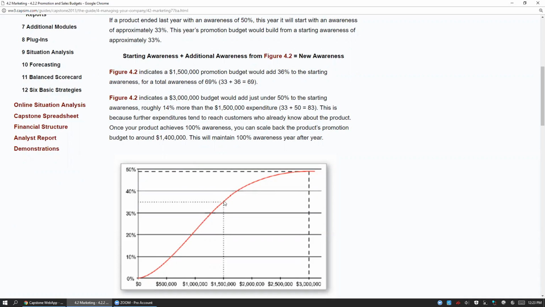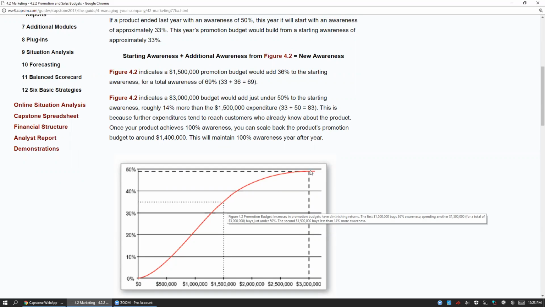So at $1.5 million, you get an increase in awareness of 36%. At $3 million, you get an increase in awareness of 50%. So between $1.5 million and $3 million, you're only getting a 14-point increase in your awareness.